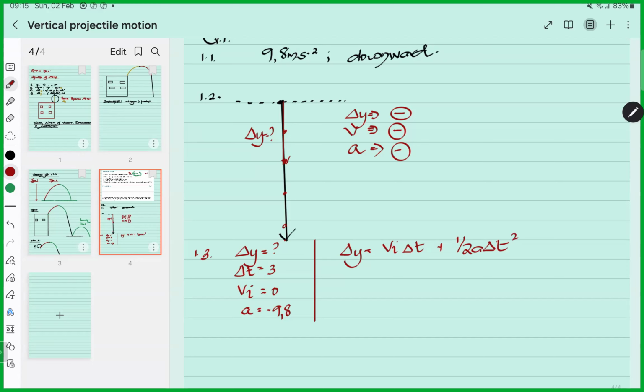What we've noticed last year in our examiner's report, if the learners didn't put the deltas and they just wrote t, the examiner marked it wrong. Please ensure that you have the correct equations written down. So your delta y is what you want to find. Your initial velocity is 0. So 0 multiplied by any time is 0. It's half into minus 9.8 into 3 squared. Please don't be afraid of getting a negative answer. That negative is your displacement, not your distance. If you want to write down your distance, you just take out the negative sign there.